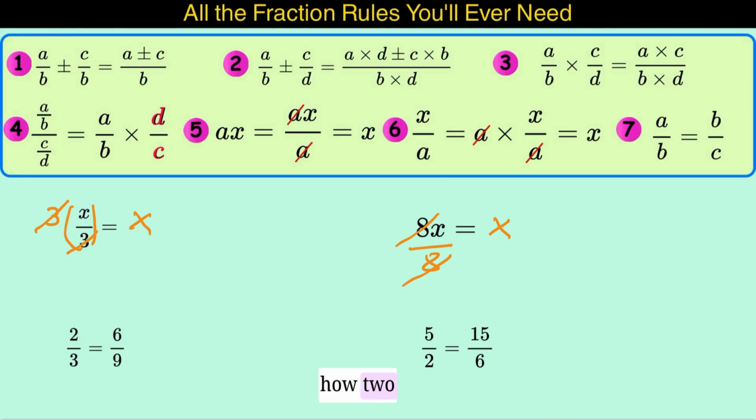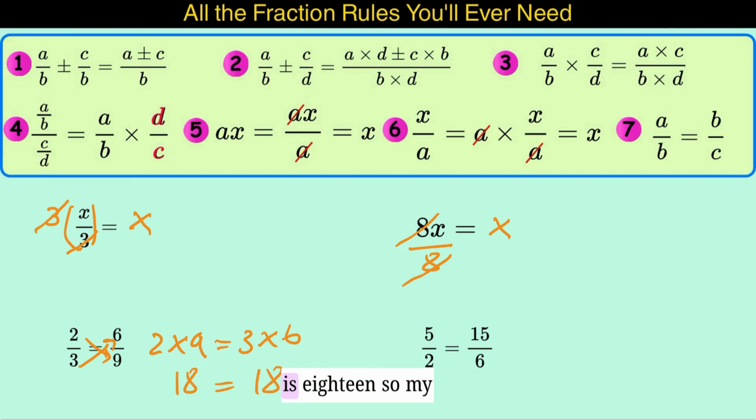Crisscross. How? 2 over 3. I'm going to do 2 times 9, crisscross, is equal to 3 times 6. 2 times 9 is 18. 3 times 6 is 18. So my ratio is right.